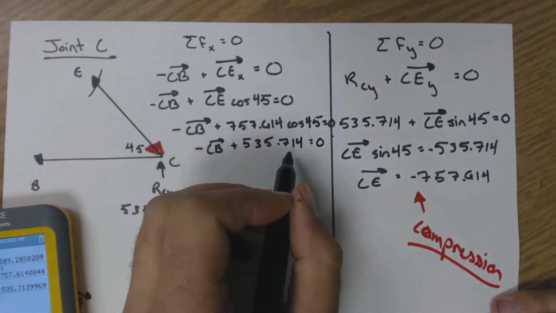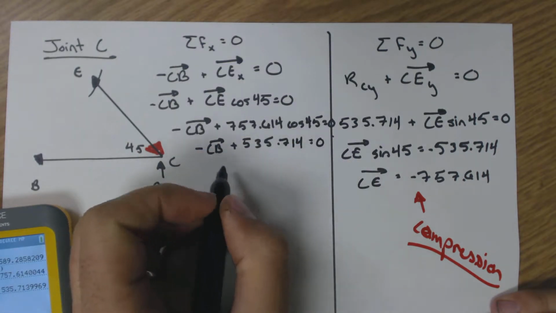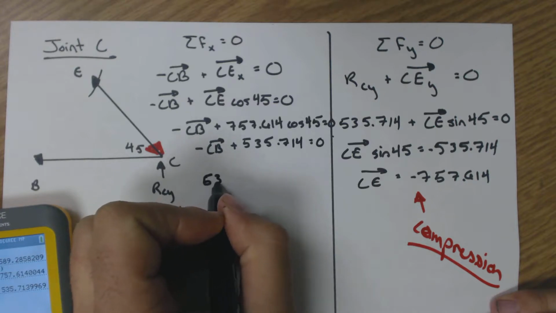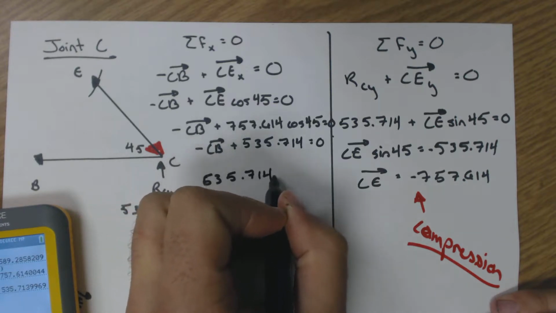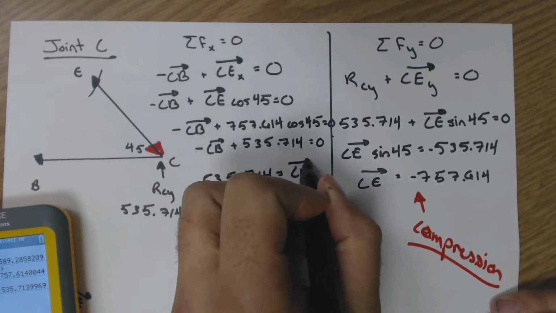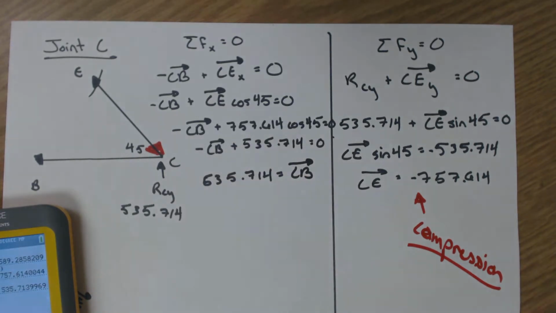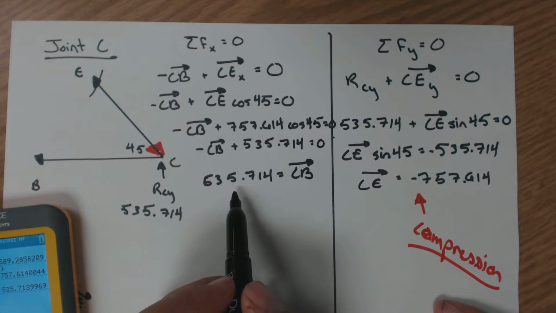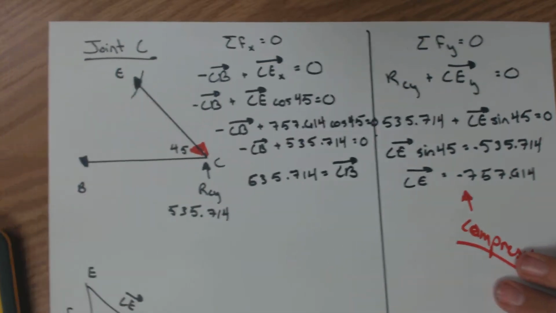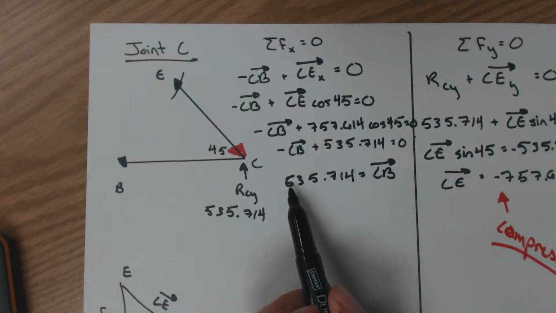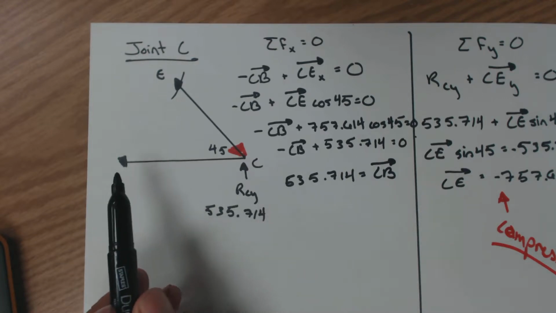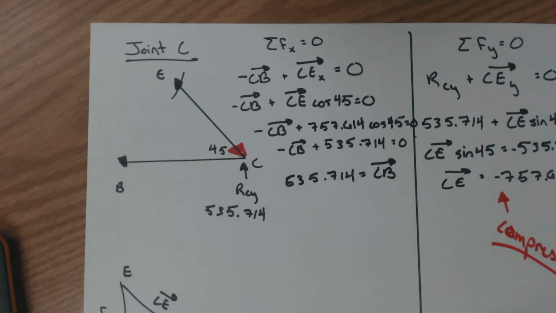I'm going to add my CB over, that way it's no longer negative. So 535.714 equals CB. So that's one more down. And because this force ends up being positive, I assumed correctly that this arrow was going towards the left.